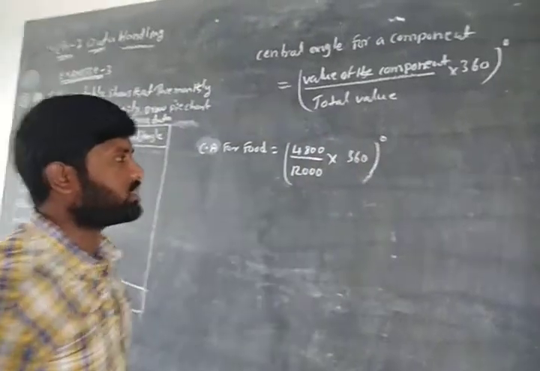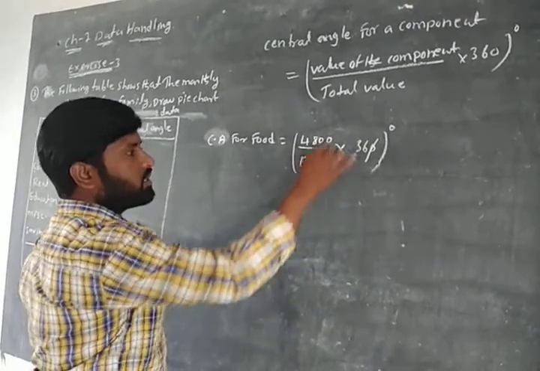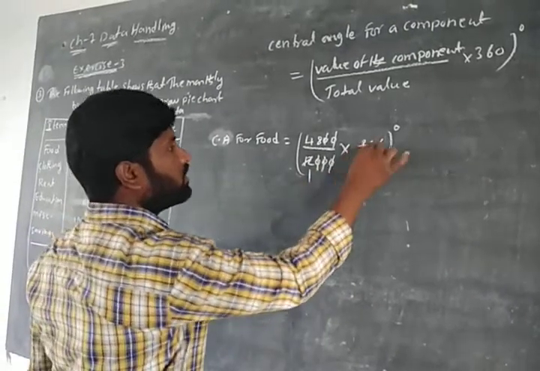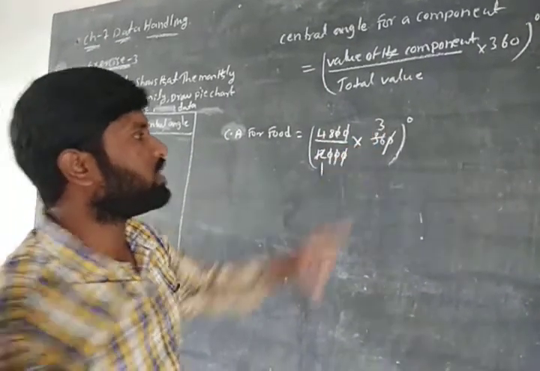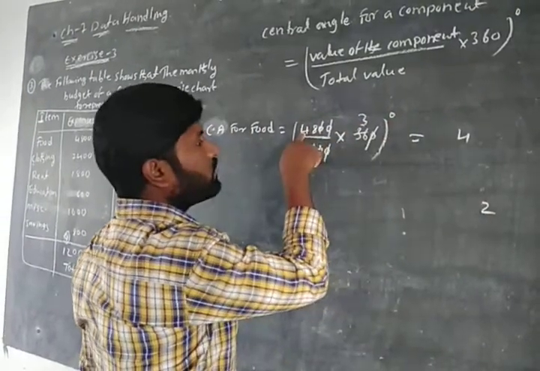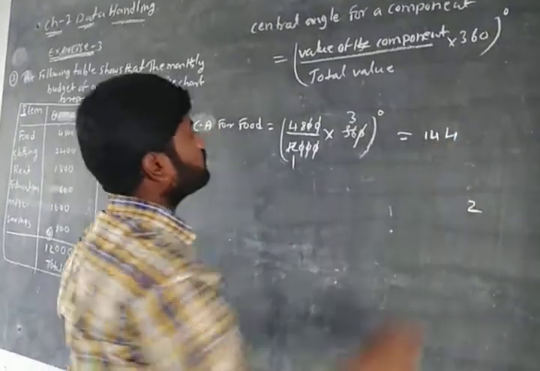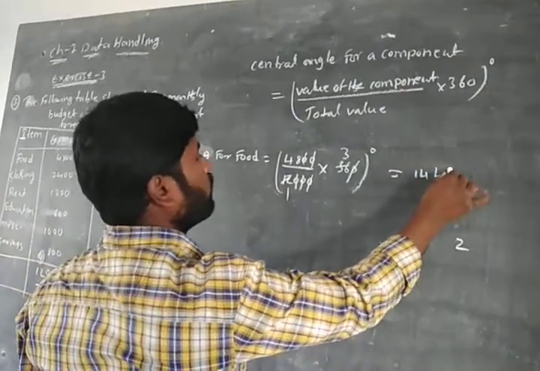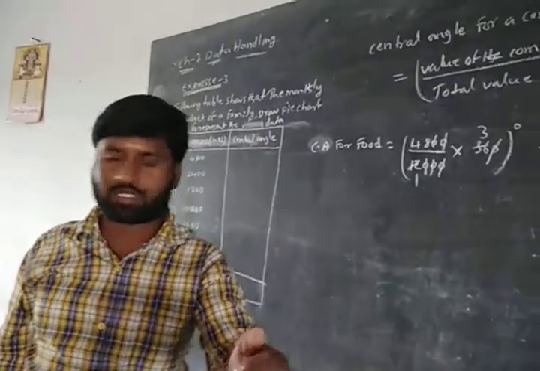Simply, the zeros cancel. 12 ones are 12, 12 threes are 36. Now 48 into 3: 3 8s are 24, 3 4s are 12, 12 plus 2 is 14, so 144. What is the required angle here? 144 degrees.